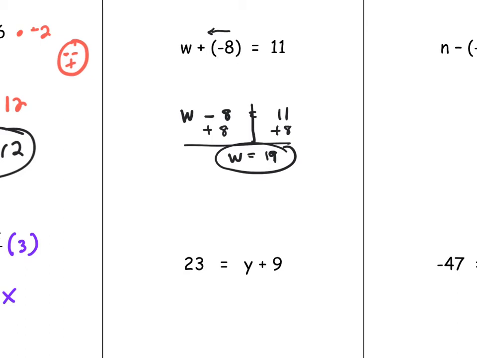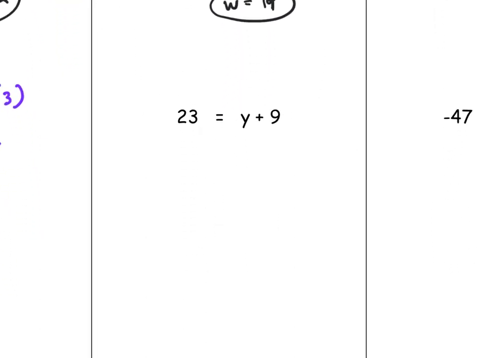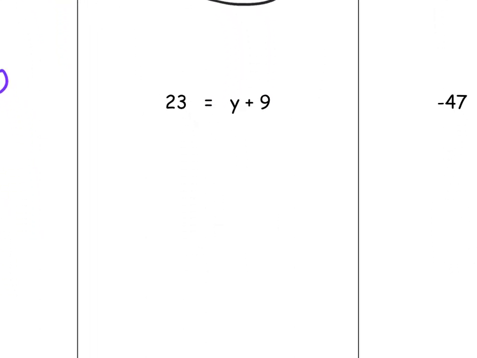Or I could choose to add, which feels uncomfortable because we're used to doing the opposite operation, but if I add a positive 8, then it will also undo this. And that's exactly what we ended up doing here. So my suggestion would be to rewrite it so that I don't see these double signs here, which is often confusing. All right, let's look at our final problem in this column.